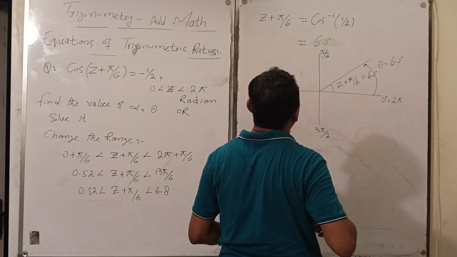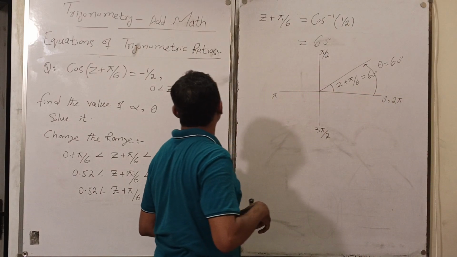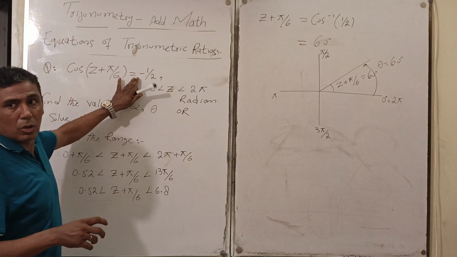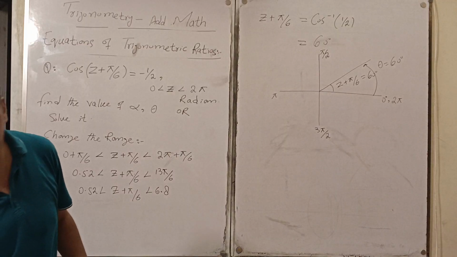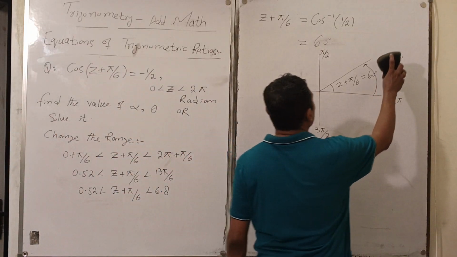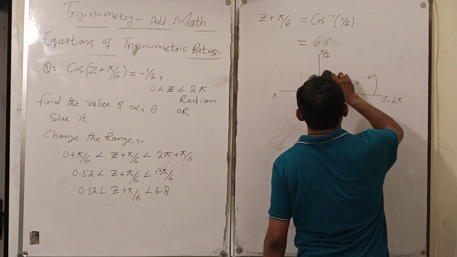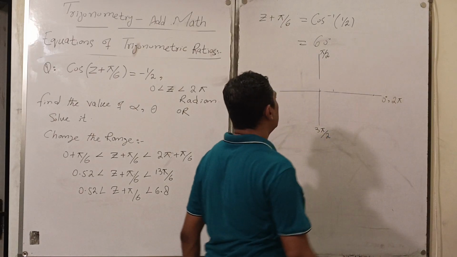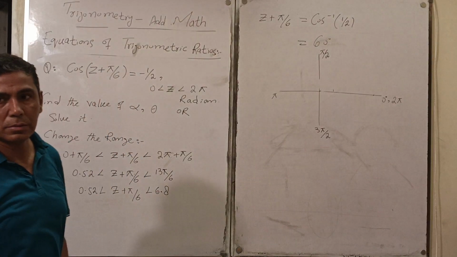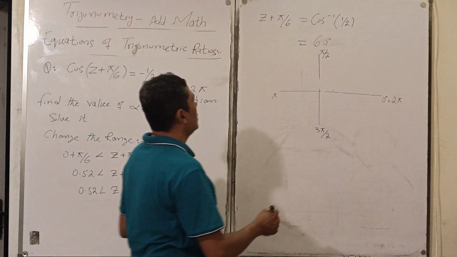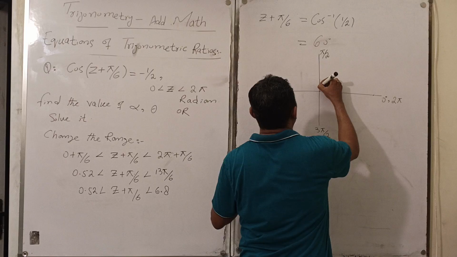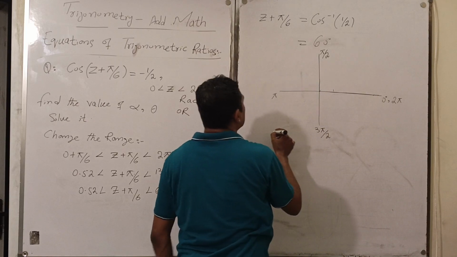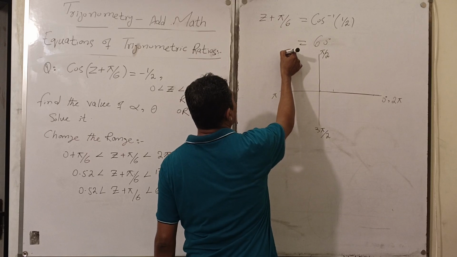No, the cos is negative. One mistake is here, let me correct. Sorry, cos is negative. Where will the cos be negative? Second and third quadrants. The cos will be negative in second and third.